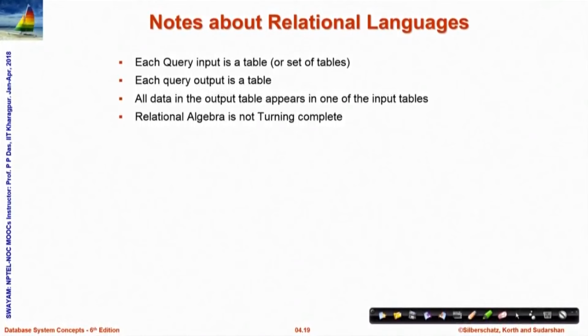Again, relational algebra is not Turing complete, in the sense that there are algorithms which cannot be coded in relational algebra. We mentioned this earlier too, and that is a foundational reason why the commercial SQL language, which is based on relational algebra, is not Turing complete either.